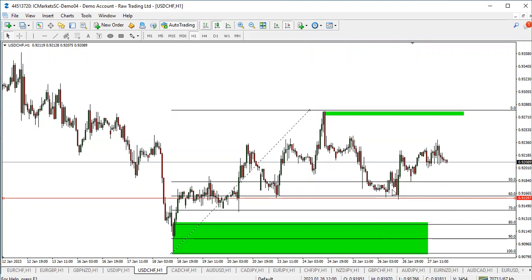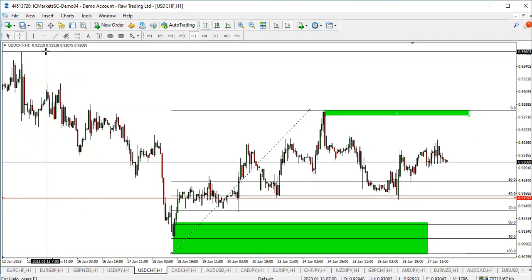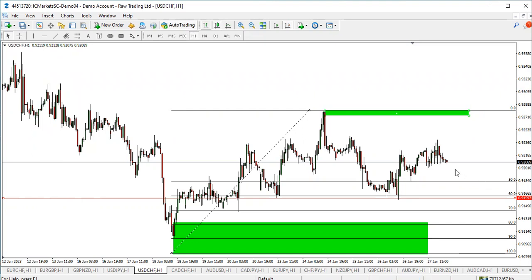When the retail trader buys here, usually they are looking to take profit at the peak. Usually the TP1 is here, and then they're expecting to take TP2 here or above. So when they have bought here, their stop losses are lying here.